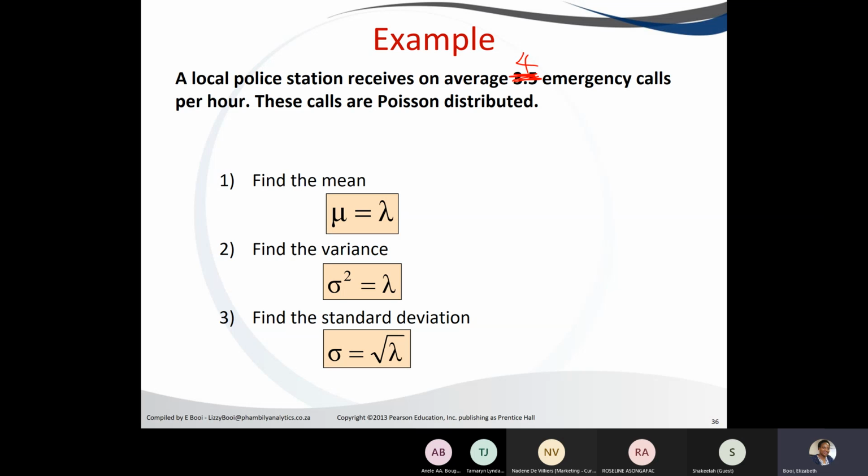Okay, that was an easy one. Let's see the responses. The mean, the variance, and the standard deviation, where are your answers? Or you can say them out loud. You can unmute. What is the mean?